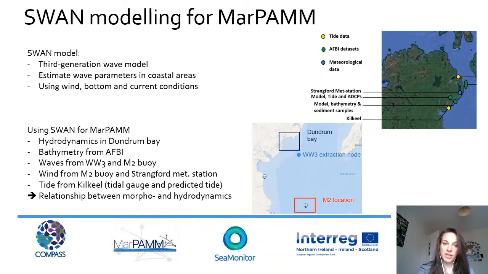And to complete all of that and look at the surge, we are looking at the tide from Kilkeel. We are using the extracted tide from the tidal gauge, but also some predicted tide. And with all those data sets, we are looking at the relationship between the morphological changes we are recording every month on the beach and the hydrodynamic conditions.